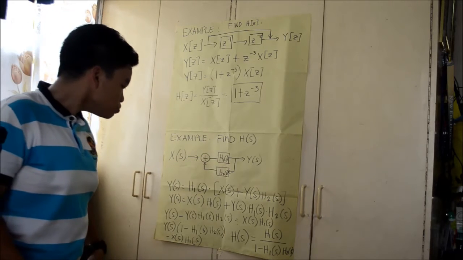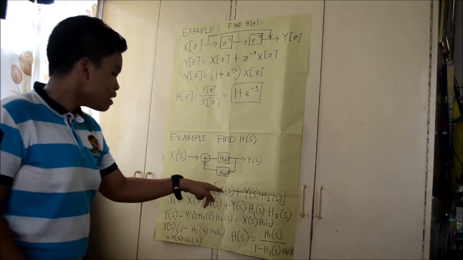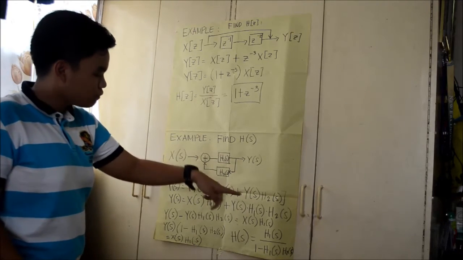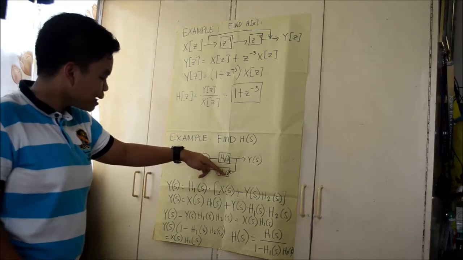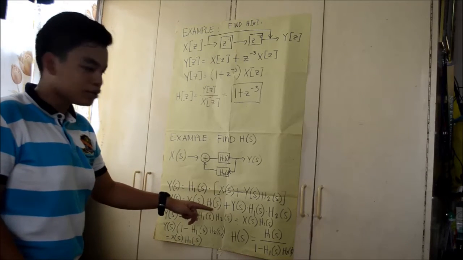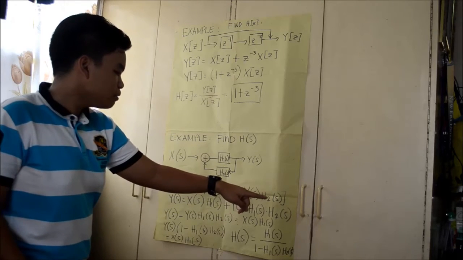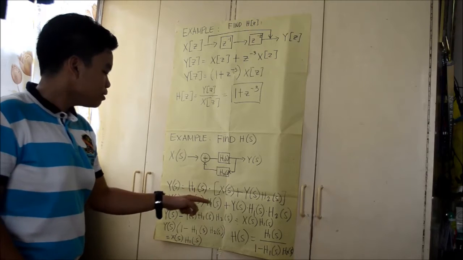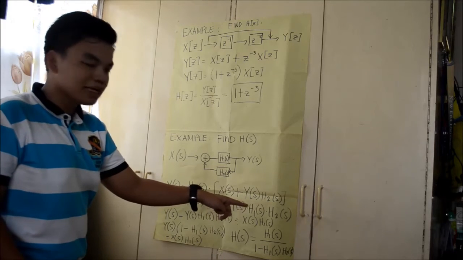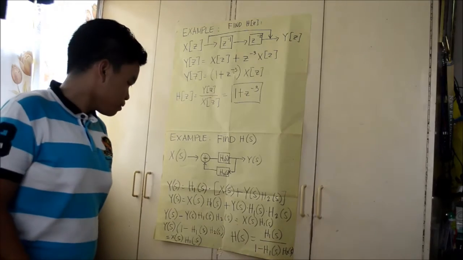Then, substitute or distribute those elements in the equation. X(s) times H1(s) is X(s)H1(s), plus Y(s) distributed to this is Y(s) times H1(s), then also times H2(s).